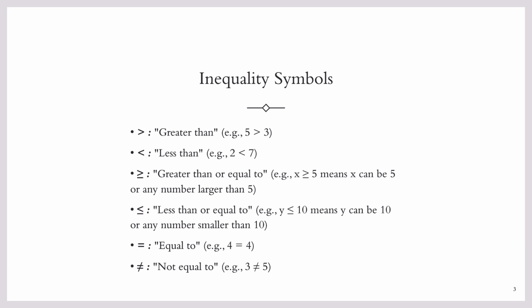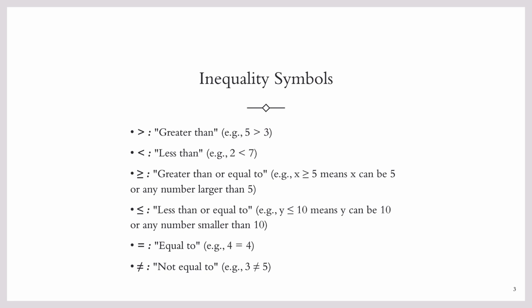All of these values would be less than 5, and this is where the condition is going to be false. Similarly, we have the less than or equal to symbol, as in y is less than or equal to 10. It would mean that y can be 10 or any number smaller than 10. It cannot be any number greater than 10. It cannot even be 10.01. Even that would be considered a greater number.